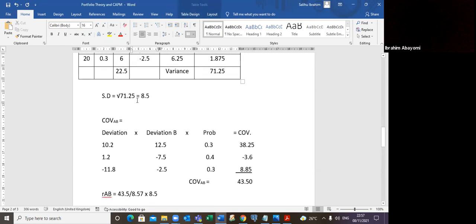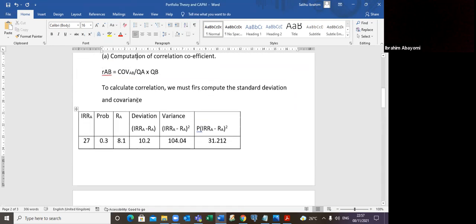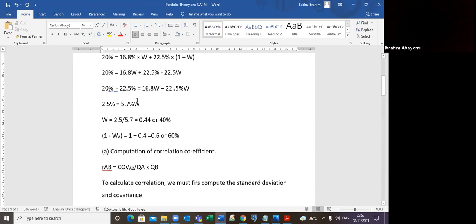Let me check where our weight is. Oh, okay, this one is 0.44. Not 40%, this is 44%.